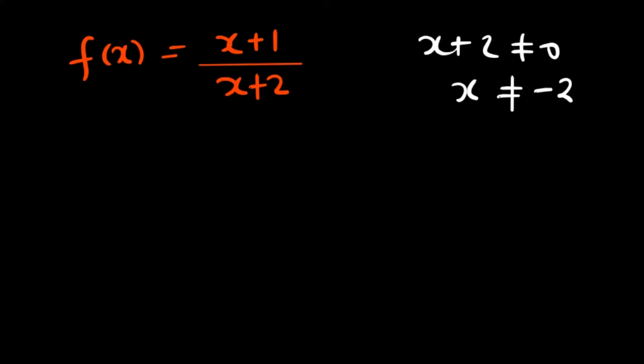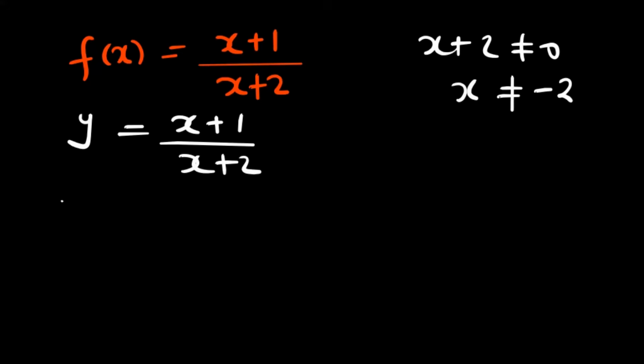Then the range, we are making x the subject of the formula. So x plus 1 over x plus 2. In this case, we're going to cross multiply. So I'm going to have x plus 1 is equal to xy plus 2y.